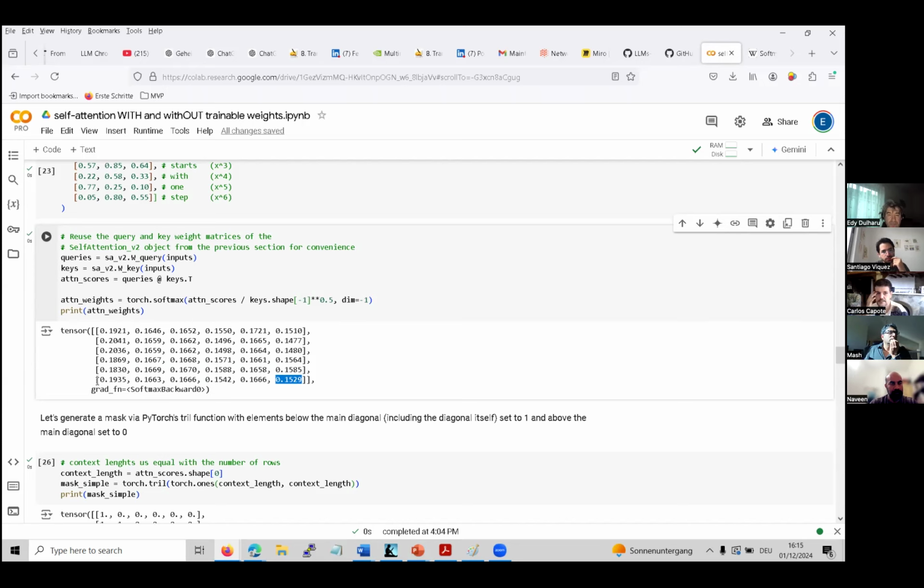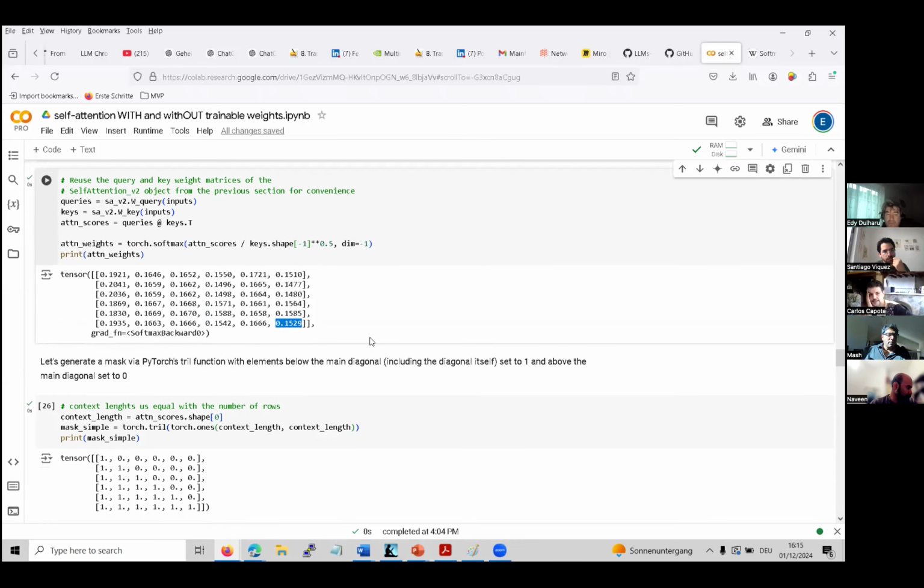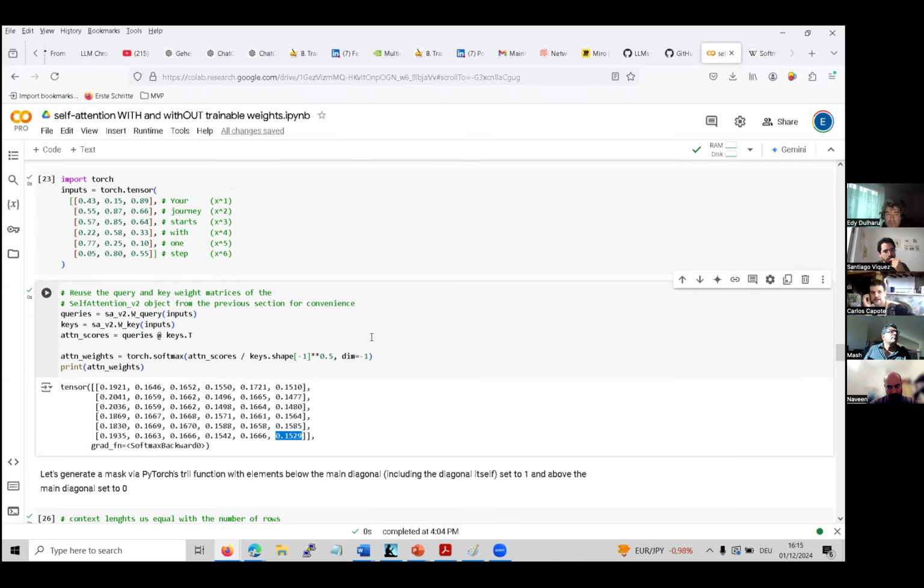I believe that at this stage, if you go just a little bit to the top, the tensor that we defined at the beginning is just random, arbitrary numbers. And if we used a pre-trained model with embeddings that actually have semantic value, then when we do this first multiplication, we would have something much less even than we have now, which is almost always pretty even values everywhere.